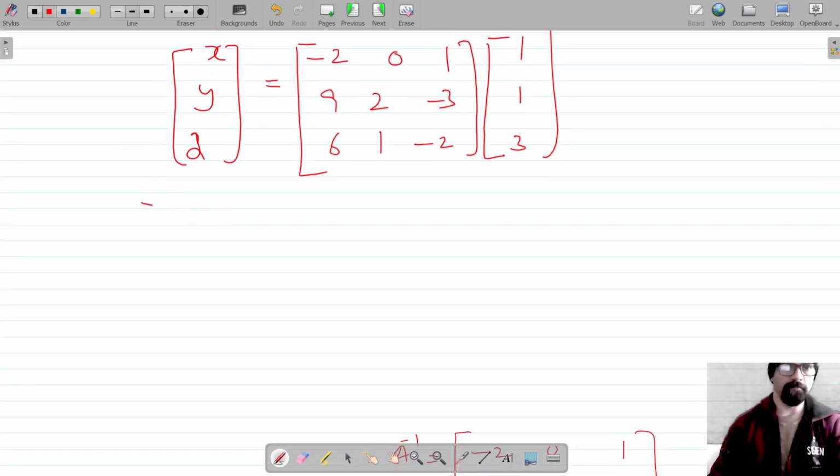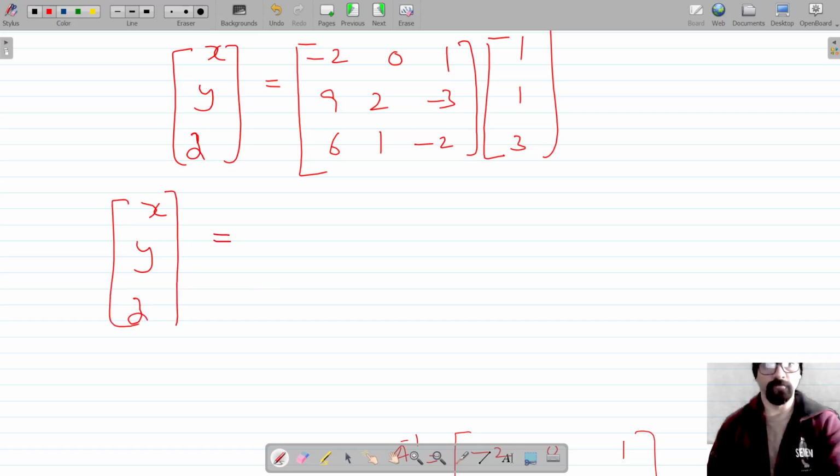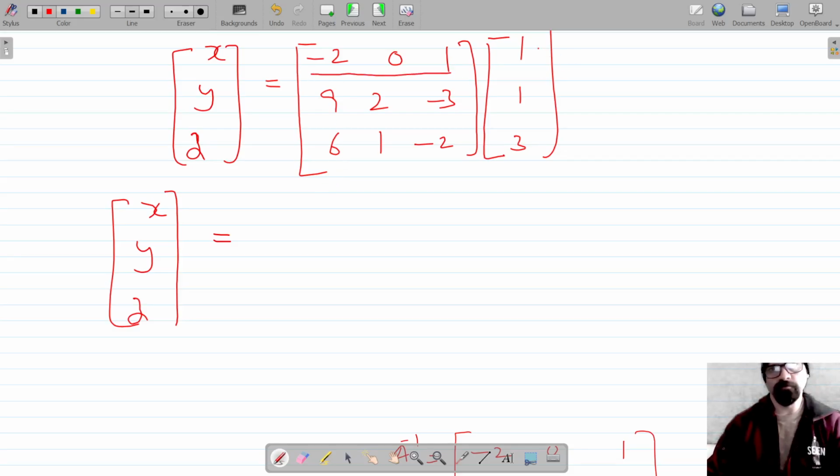So let's multiply them. X, Y, Z is now equal to... multiply the first row with the only column that we have. So -2 plus 0 plus 3.